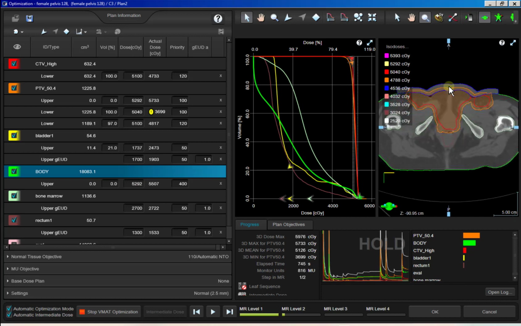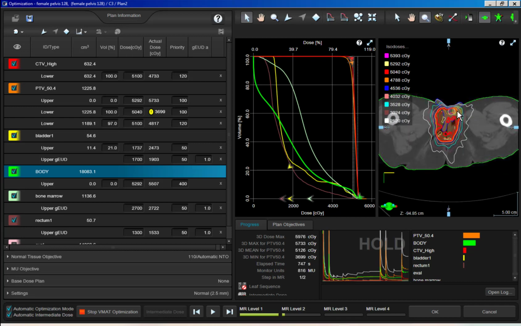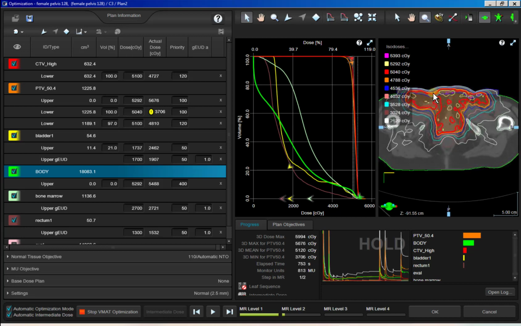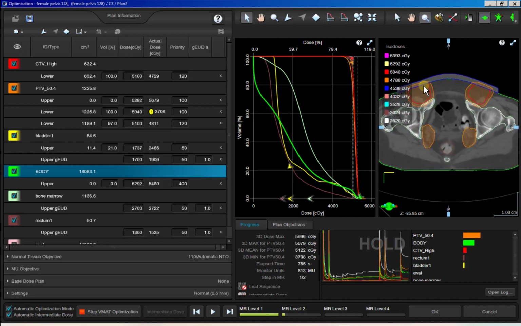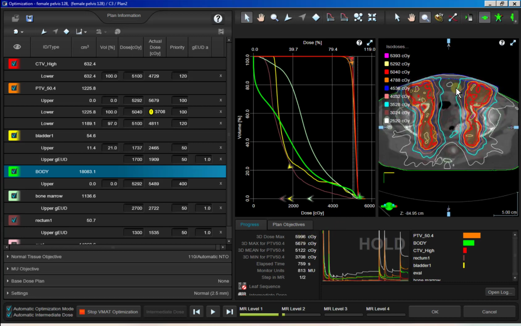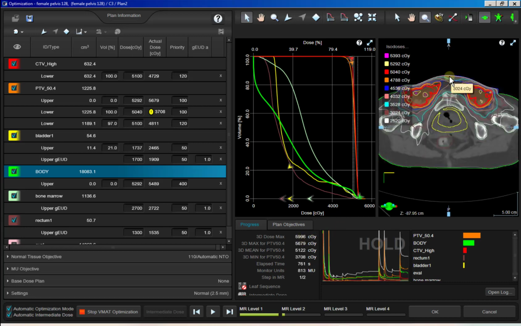So if we scroll down here, got these hot spots in our bolus. All right, so that big hot spot, almost 6,000, is basically in our bolus somewhere. So we can't really do anything about that at the moment. But hopefully it goes away on its own. We'll see.